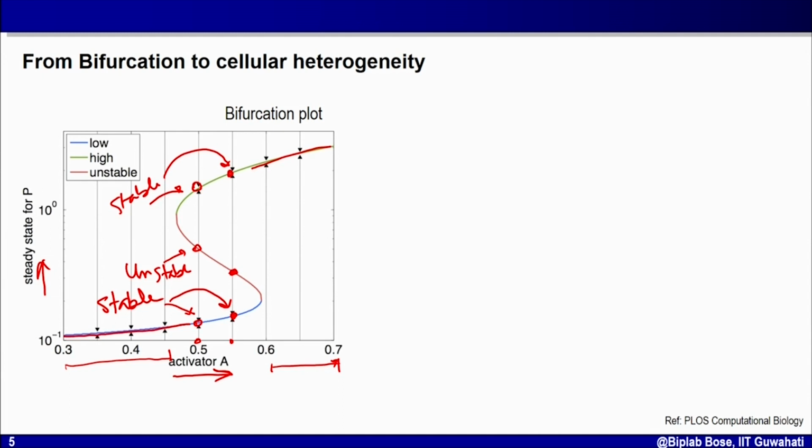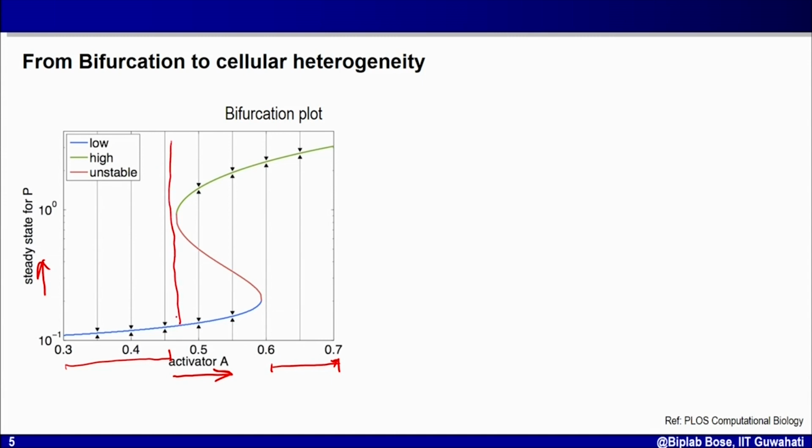So what we are observing, if I look into the whole map here, if I clean a bit, I can see that depending upon the value of the external signal or activator A, I have three regimes. One regime is here. When the system is in this regime, P has only one steady state, and that is the lower value.